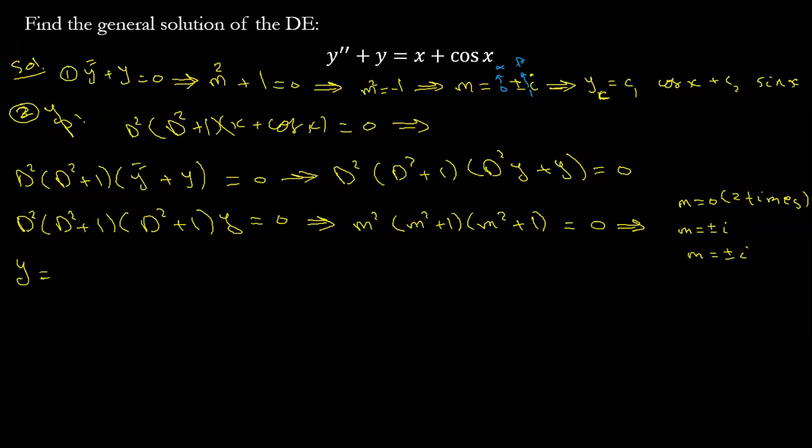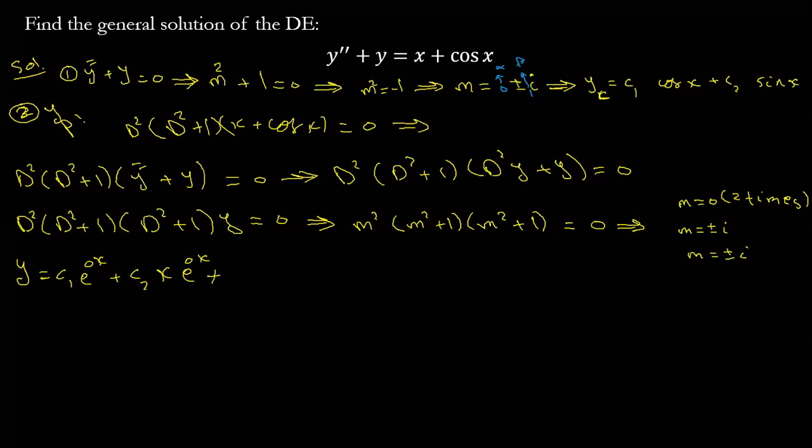Now, if you have those m's, can anyone help write the solution? Rahma? Yes, doctor. It's e to the 0. So C1 e to the 0x, you are right, plus C2 x e to the 0x, because your m is 0 repeated twice.